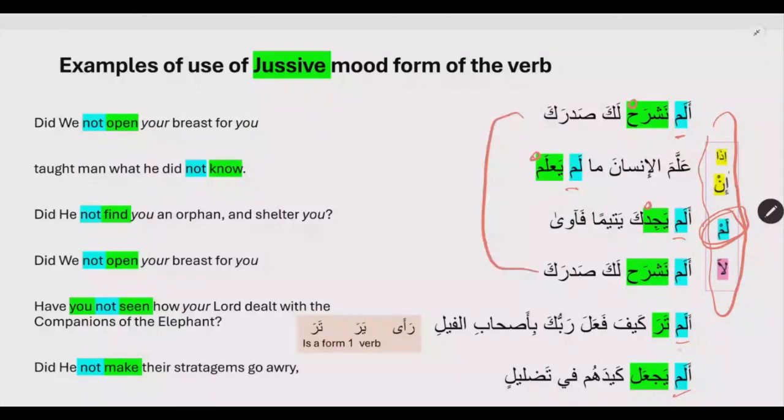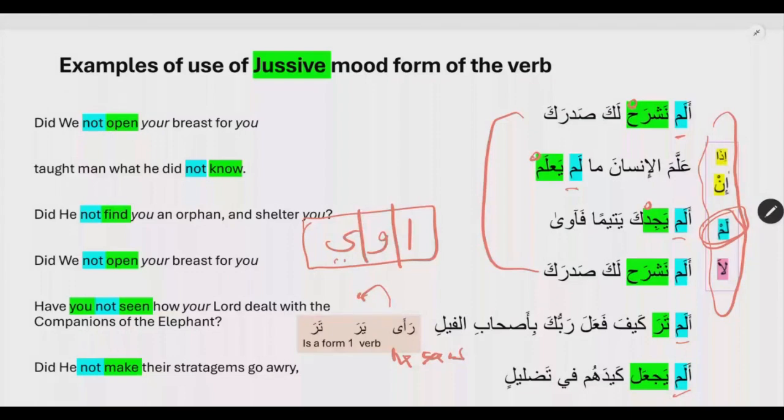Alam tara, this was the verb we had earlier where ra'a is the root form, means he saw, right? He saw. When you make it present tense, it becomes yara. Now, the thing that you should remember is these three letters, alif, waw, and ya, when they appear as one of the three main letters of a verb anywhere, because they are weak letters, they sometimes change from one letter to another, or sometimes they just disappear.